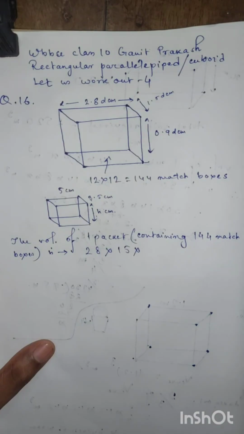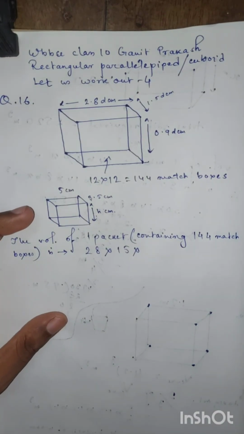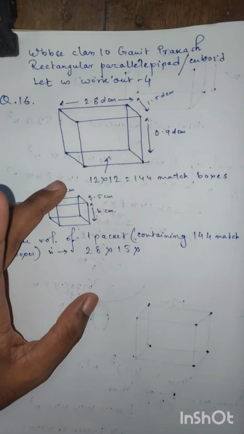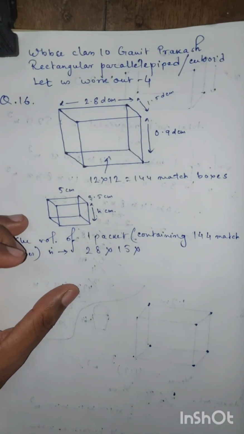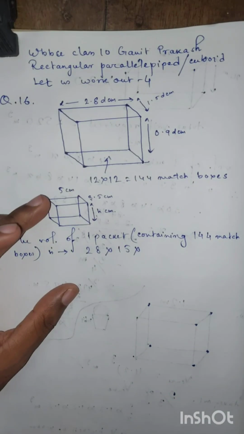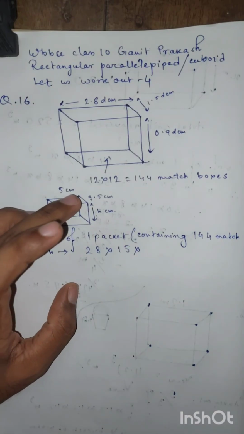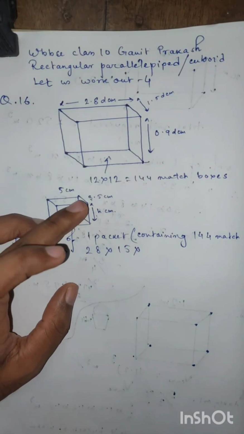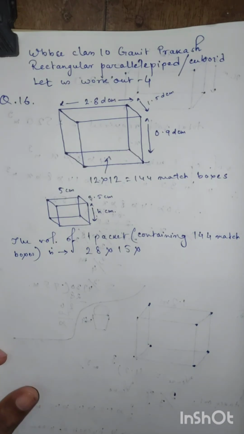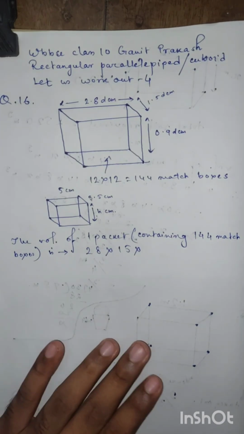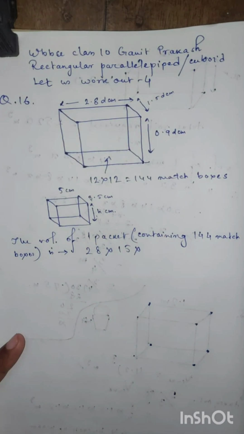And the question also says the length and breadth of one matchbox. The length is 5 cm, breadth is 3.5 cm, and the height is unknown. We need to find this height, the height or width of one matchbox.